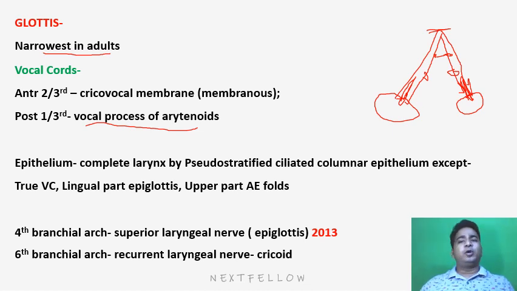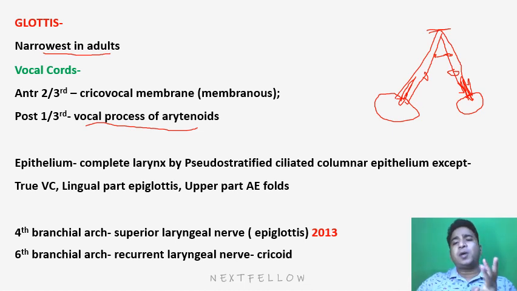Now, larynx, the important part is the complete respiratory system. If you talk about the bronchus or the lungs or the larynx, it is mainly lined by pseudo-stratified columnar epithelium. Whereas, try to remember the true vocal cords I am talking about, the upper part of the epiglottic folds, and the lingual part of the epiglottis, the part of the epiglottis which is facing the tongue.